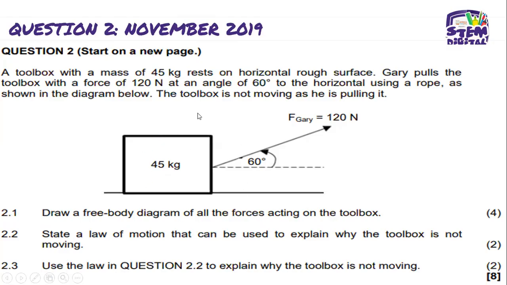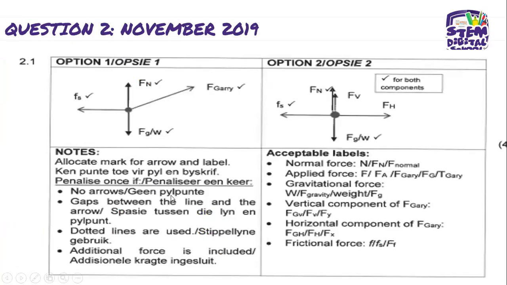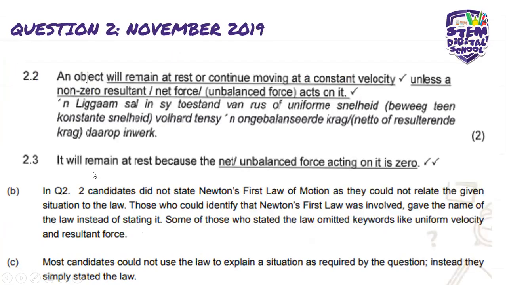All the forces are balanced. And when all the forces are balanced, it means your net force is 0 newtons. So there, how we allocate marks is to say it will remain at rest because the net force acting on it is 0, and that is why it will remain at rest. And that is essentially what Newton's first law of motion is saying.